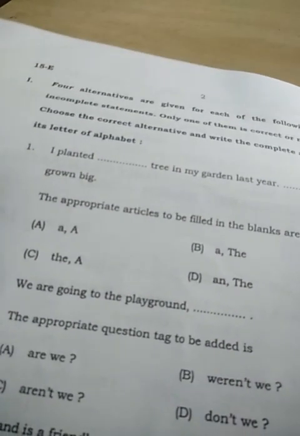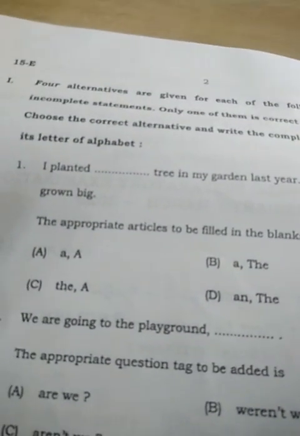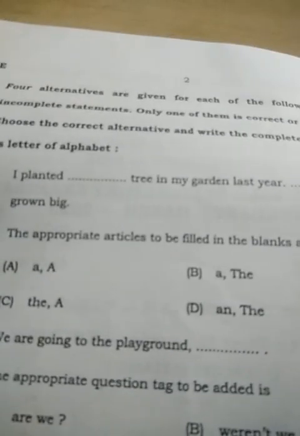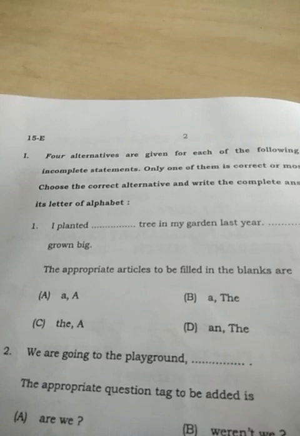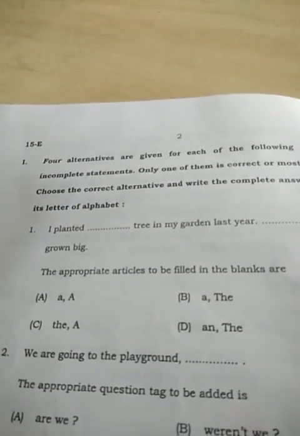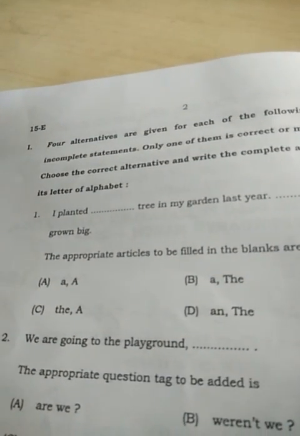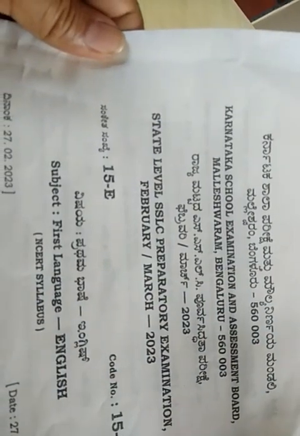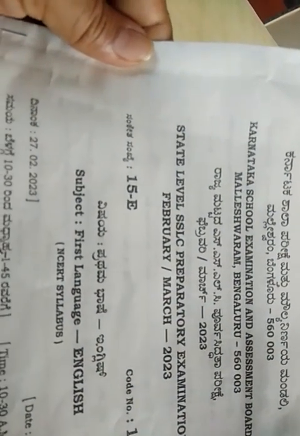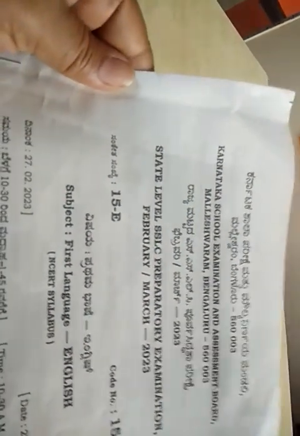Now I am going to solve the English question paper, 15E first language, based on the NCERT First Flight text, especially for Adarsh Vidyalaya English medium schools. This is the state level question paper which you solved recently, the SSLC preparatory examination held in February last week.